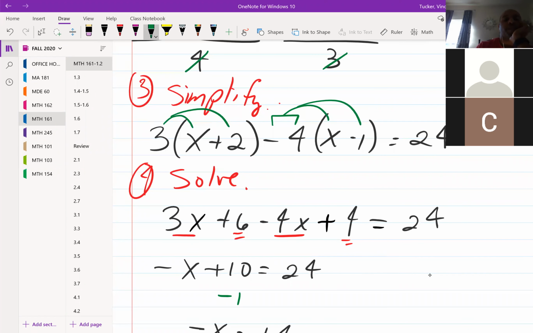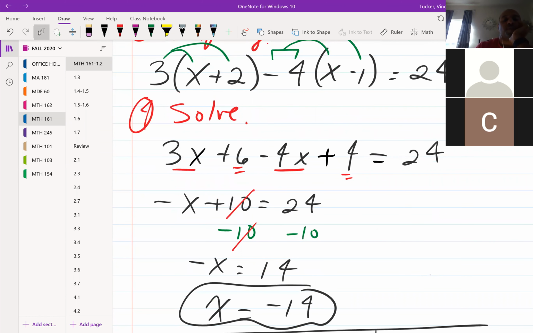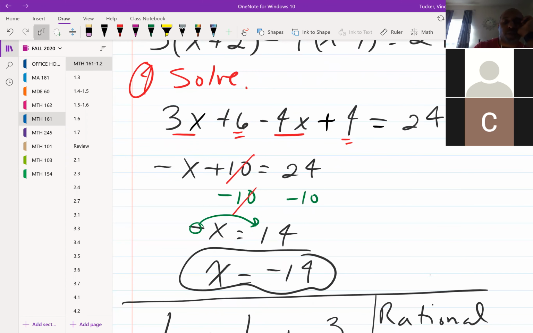Next, we can subtract 10. And so we're left with negative x equal to 14. And to finish it off, I can take my negative, because remember you're solving for x, not for negative x. Take my negative over to the right, and x is equal to negative 14.